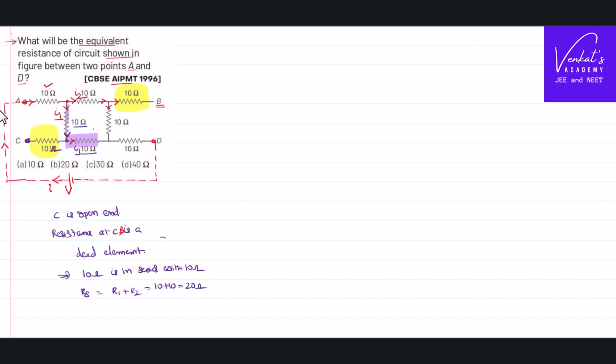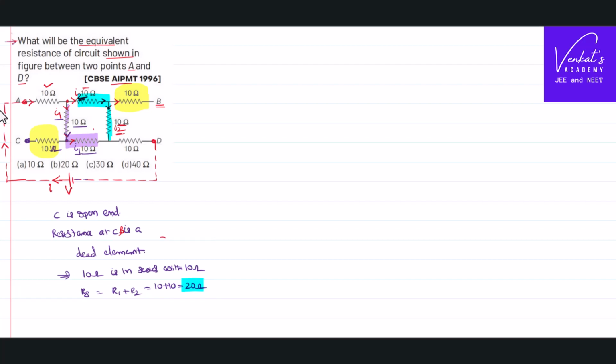So, I2 will further go to this 10 ohms. If you notice, this 10 ohms and this 10 ohms are also carrying the same current I2, that means these two are also in series. When they are in series, their effective resistance is again 20.